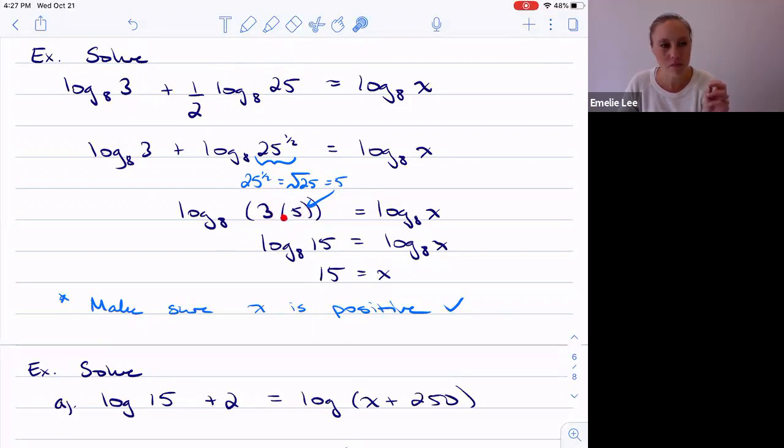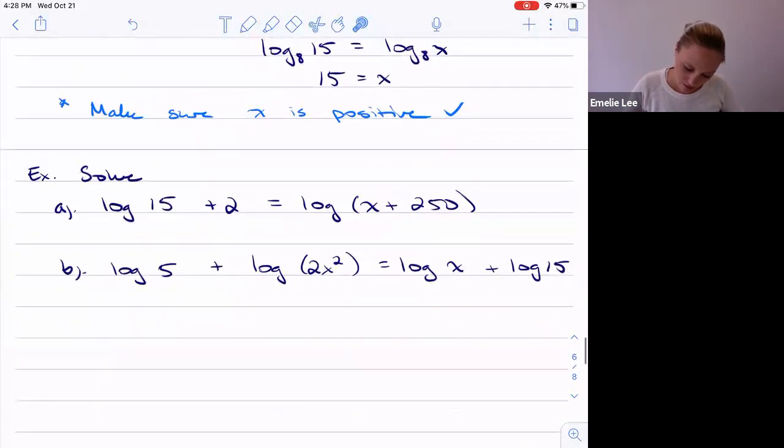And then once you have them, 3 times 5 is equal to x. As soon as you have the log of the same base on either side and they're equal to each other, then you can drop the log, but not until you've got this one single log. Cool.